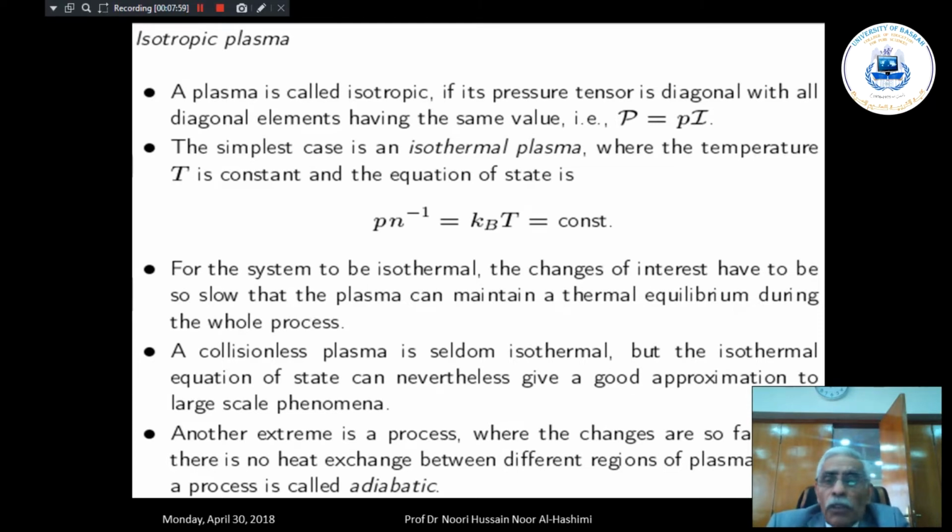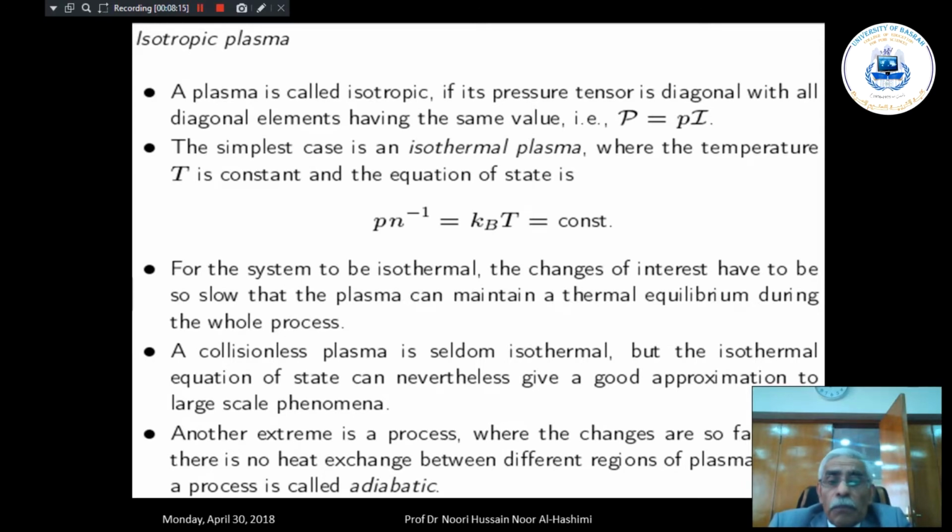And the equation of state is P over n equal k_B T equal constant. You know, temperature is what? Constant, and Boltzmann constant, so that is the result.